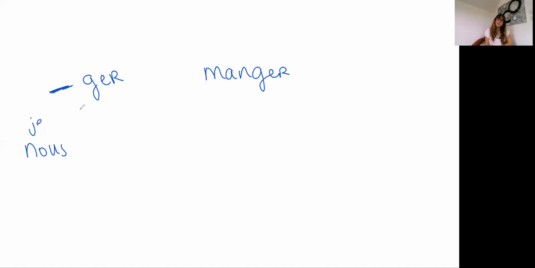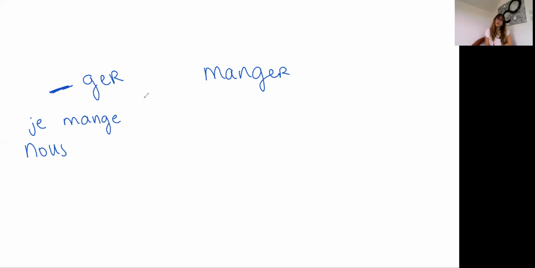Then just thinking about the present tense, remember we had exceptions for the verbs that finish in GER. So that's, for example, manger, to eat. Let's start from the beginning. Je mange, in the present tense.